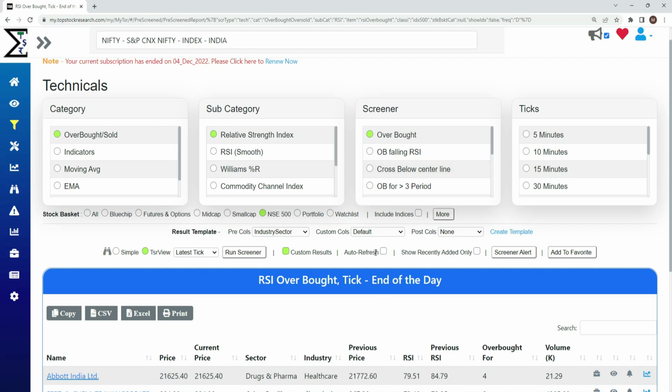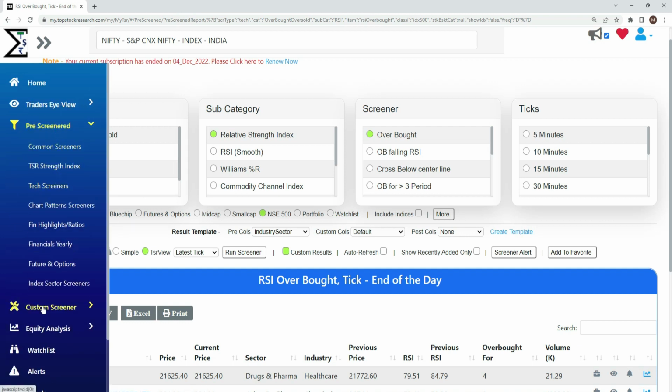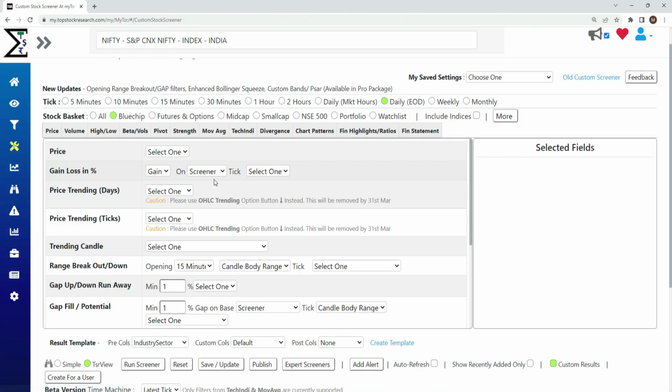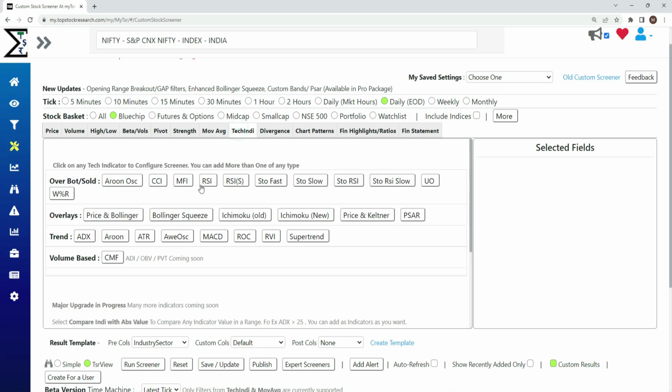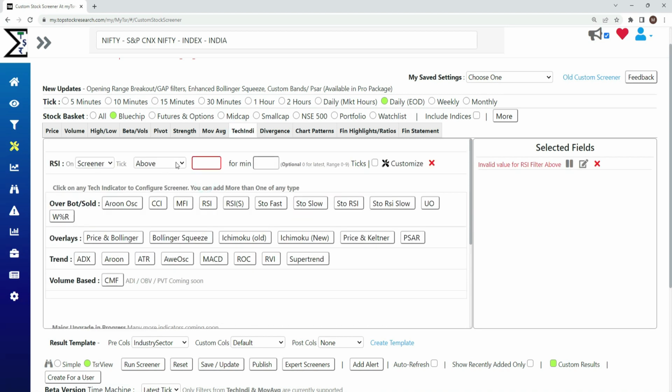However, if you are looking for a different set of values, you can go to DIY screener, go to technical indicator, choose RSI, choose any value. So let's say instead of 70, you want to keep it as 80, and when we run it, okay, there are no results. 80 is too high a number for this market.